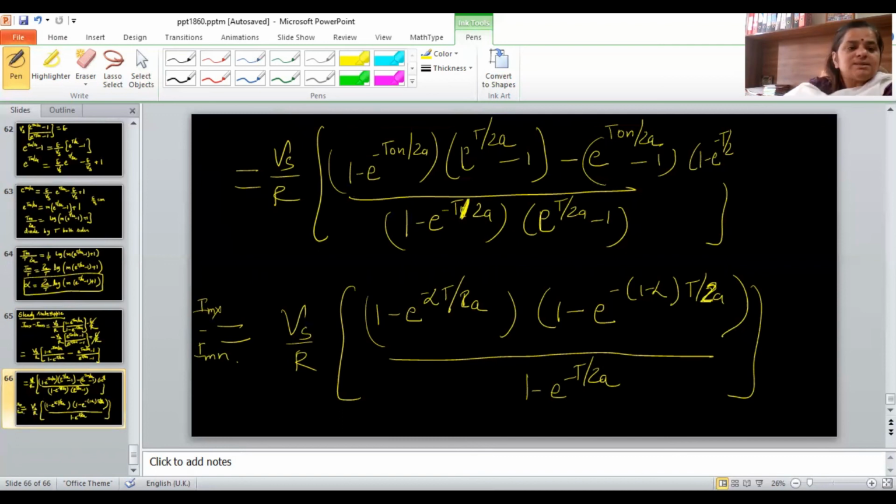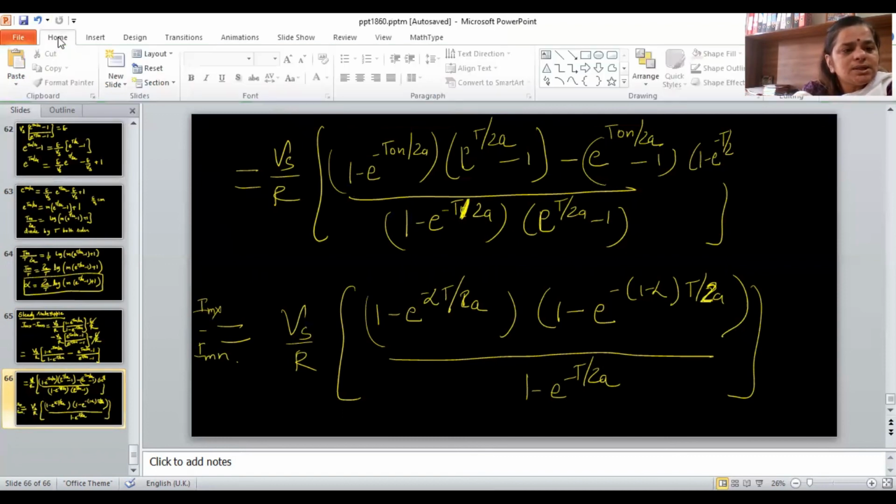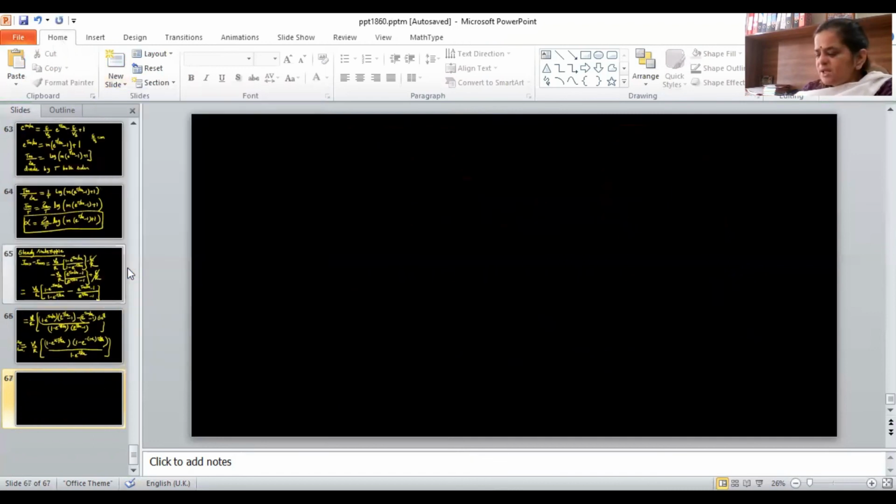So this is the steady state ripple. If somebody is asking per unit steady state ripple, how to calculate it?